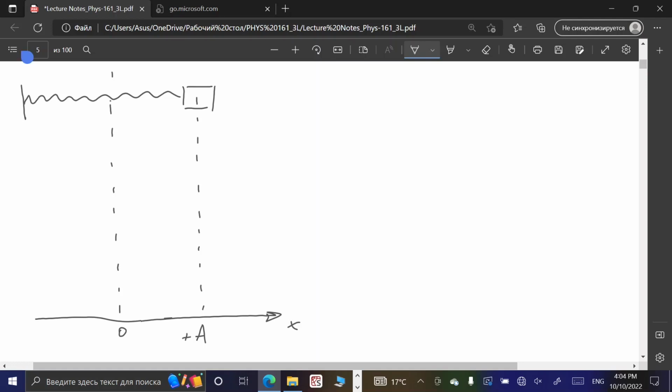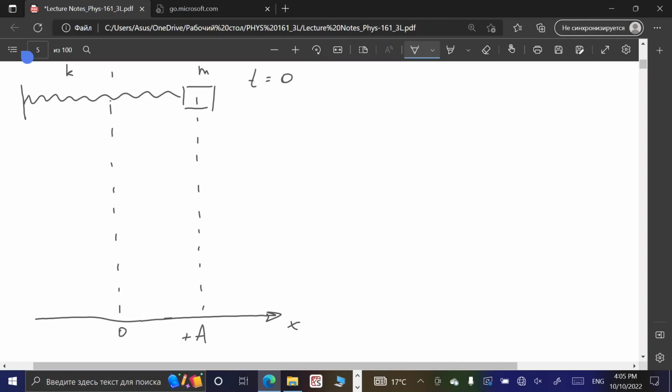This block possesses some mass m, and the spring is described by spring coefficient k, which tells us how stiff this spring is. Now let us assume that this position, where the block stays at coordinate plus A, is time equal 0. So we start from this extreme position. A obviously will stand for amplitude, the maximum displacement which will happen in this given experiment.